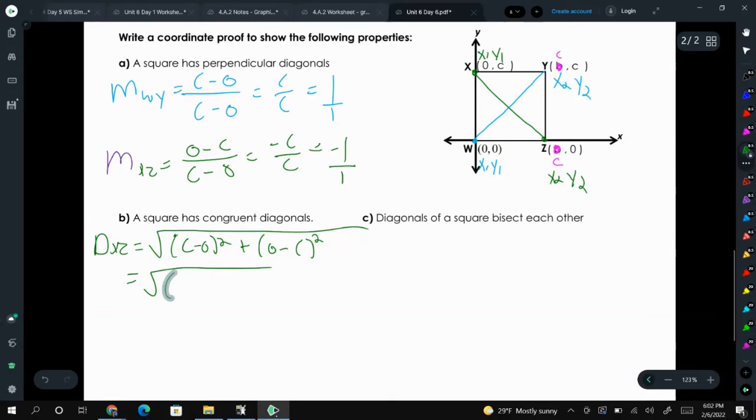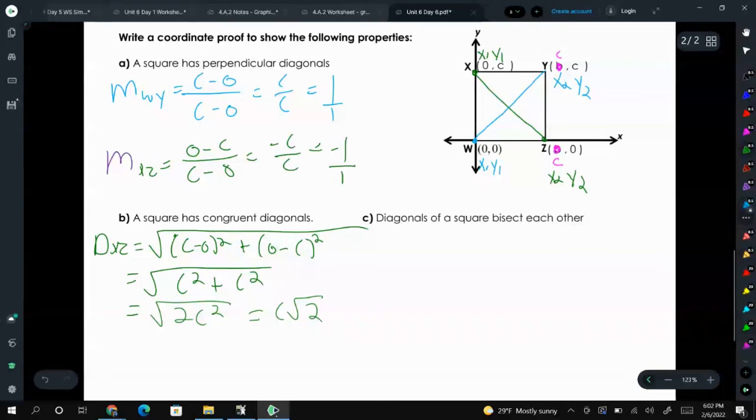This is going to be c squared plus 0 minus c, which is negative c, which is also going to be c squared, which is equal to the square root of 2c squared, which is equal to c times the square root of 2.